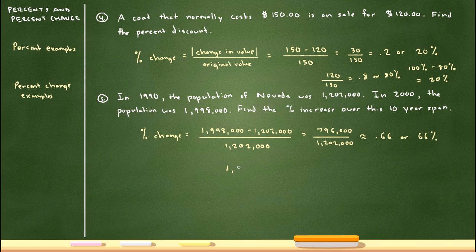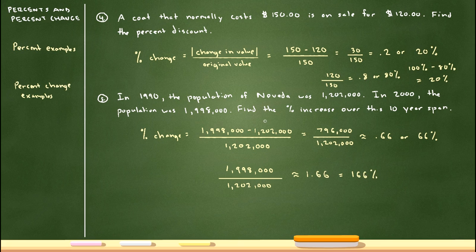So a different way to do it is you could take this 1,998,000 divided by the original amount, and we see that this is approximately going to be 1.66.